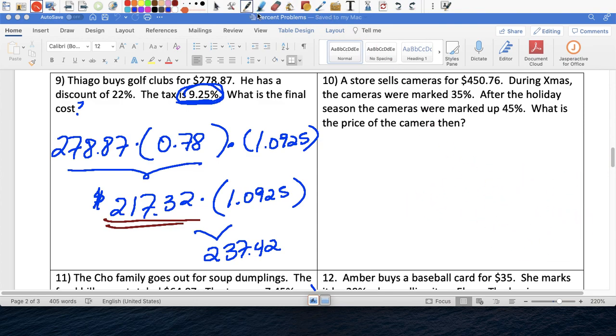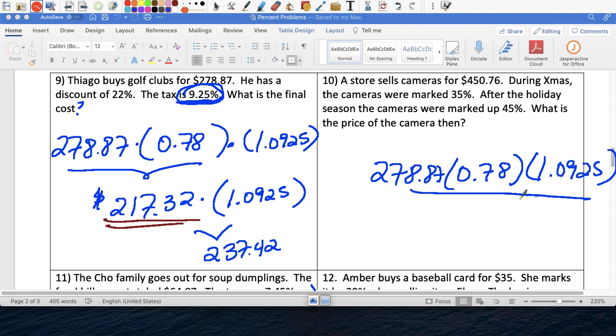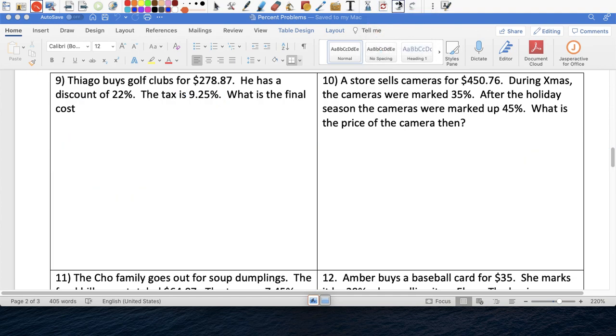I know some of you could have just taken 278.87, multiplied by the discount, and then multiplied by the price including the tax. Multiply those three, and you would have got the same number over here. Okay, so let's do it more directly.